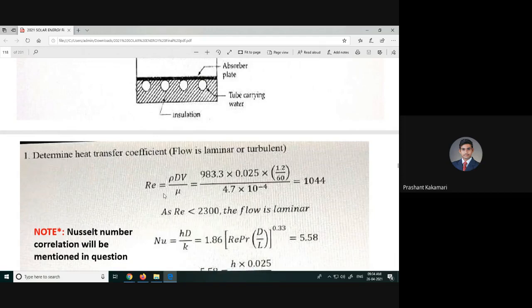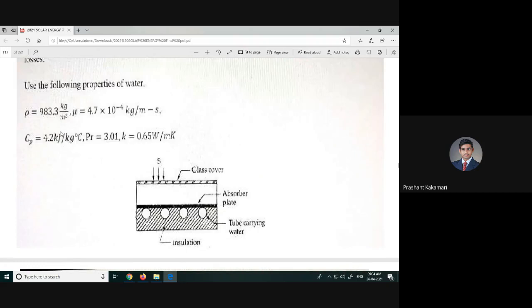As all of you know, the number 2300 decides whether the flow is laminar or turbulent. So we are going to use the equation rho V d by mu. As the equation suggests, whatever values are given in the problem can be substituted here. Rho is the given density, 983.3 kg per meter cube.